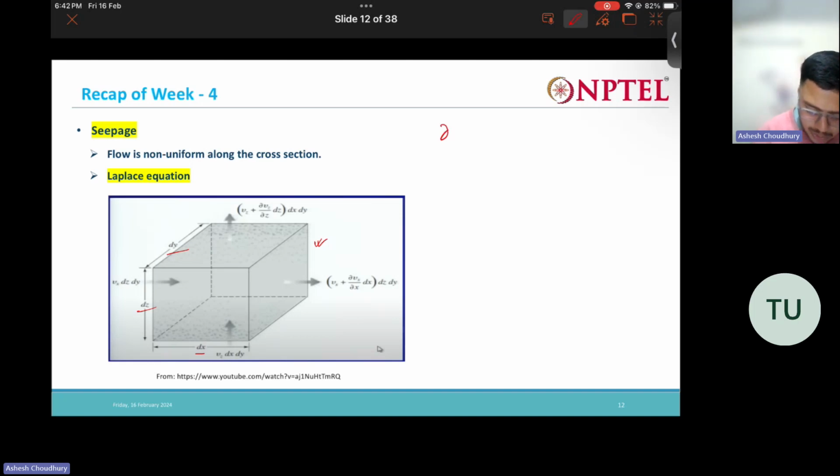From the continuity equation, what we can have is dou vx by dou x plus dou vz by dou z is equal to 0. Now what is this vx? Vx is the velocity of flow in the horizontal direction, in this direction, for one phase you are considering.